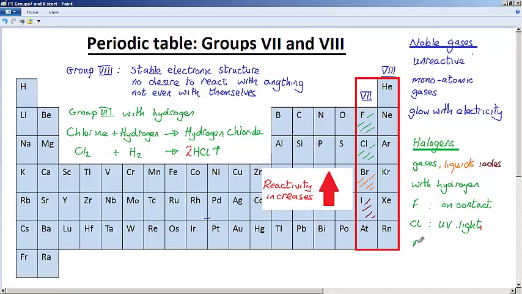Now in the case of bromine, bromine requires a flame in order to ignite the mixture, and iodine only partially combines with hydrogen, even with constant heating. So you can see the pattern here is that the reactivity of the halogens decreases as you move down the group.